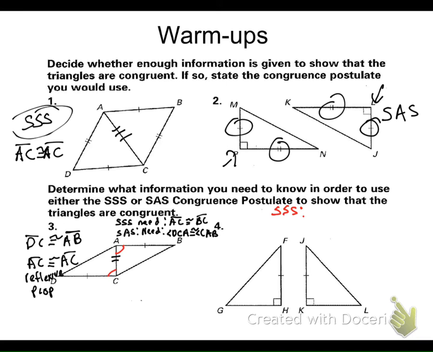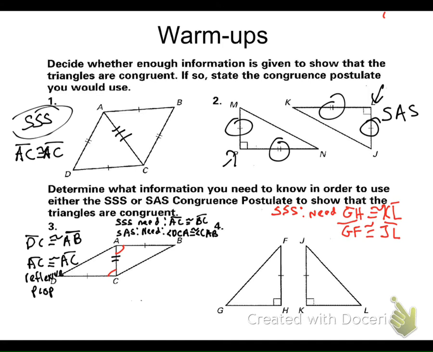So we'd need GH to be congruent to what? KL. Exactly right, KL. We need to show the other one, which is GF, which is congruent to JL. And remember, that is that hypotenuse. The one directly across from that right angle is the hypotenuse.